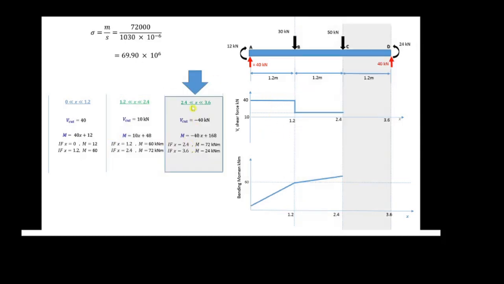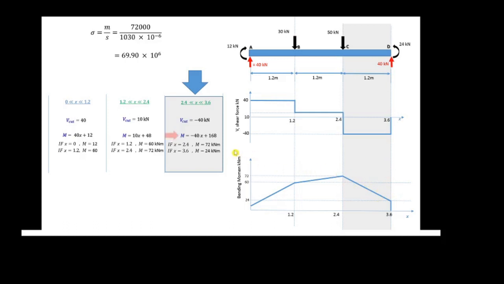Then the third imaginary cut, from 2.4 to 3.6. Here we have a V cut equal to -40. We just draw the -40 here, and you close up your graph. Then this M value, we can say it's negative. The sign is negative, that means the slope is downward.